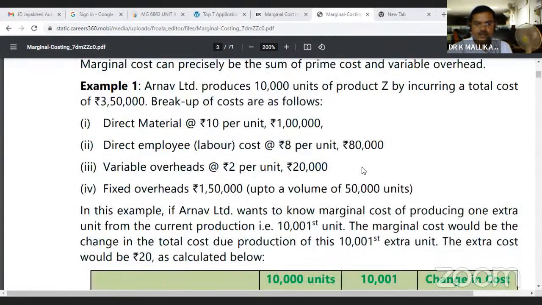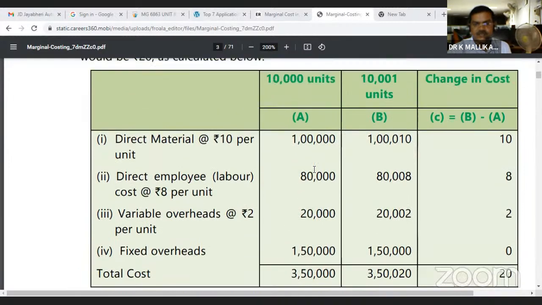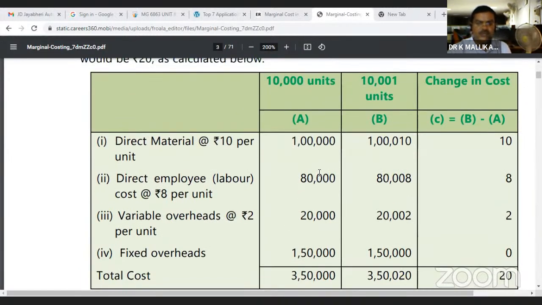See here, one example is given. For 10,000 units, the total cost is 3,50,000 rupees. Whereas if production increases from 10,000 units to 10,001 units, meaning we produce 1 additional unit, the additional cost increase is only 20 rupees.